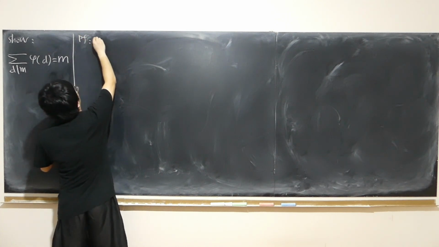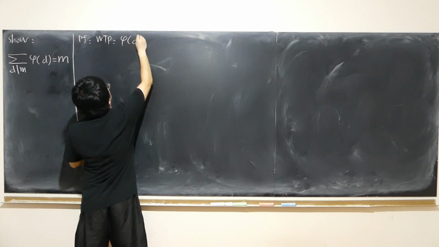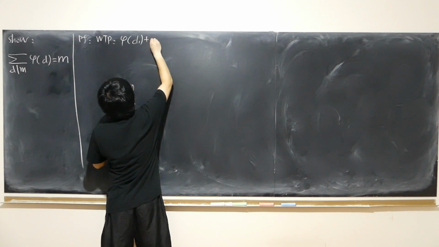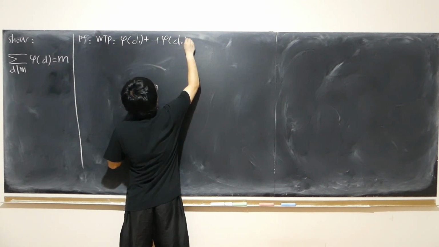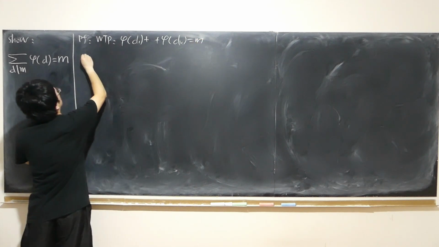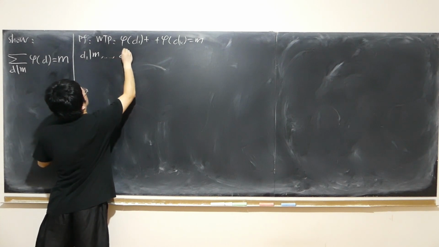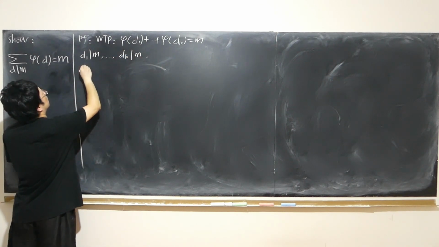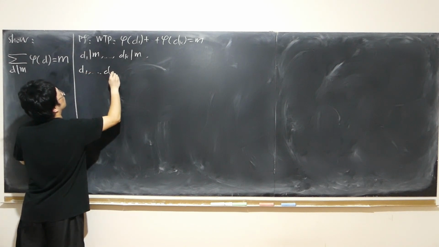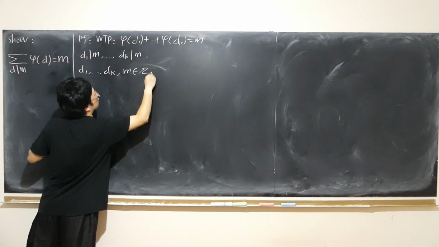So, in other words, I want to prove phi of d1 plus all the way up to phi of dk is equal to m, where d1 divides m, all the way to dk divides m, and d1 up to dk and m are all positive integers.